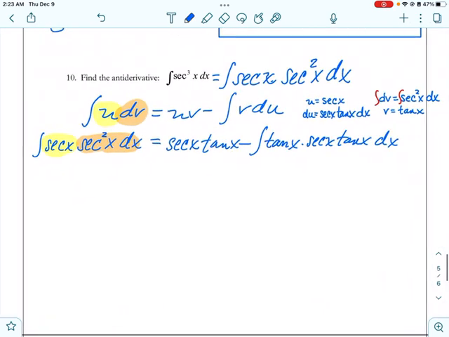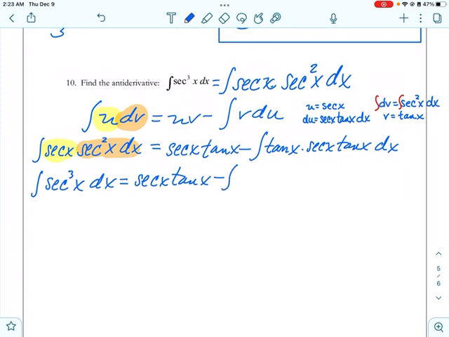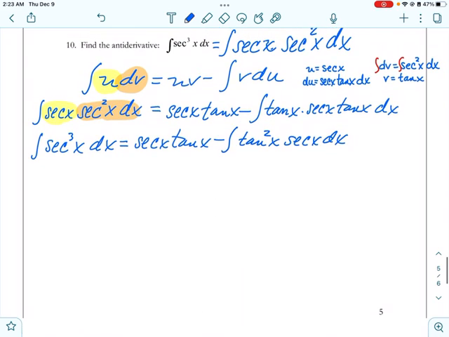So on the left-hand side of the equation, I'm going to replace that with secant cubed. So I've got the integral of secant cubed x dx on the left is equal to secant x tan x, and then minus, what am I going to do here? I'm going to make this a tangent squared. So I have the integral of tangent squared x secant x dx. I don't really have the right mix.